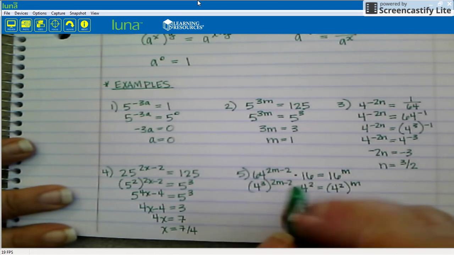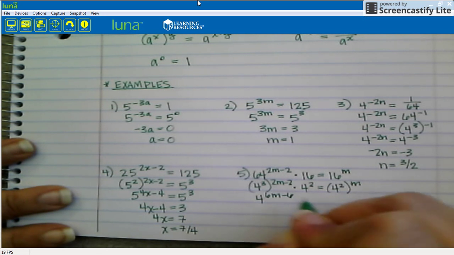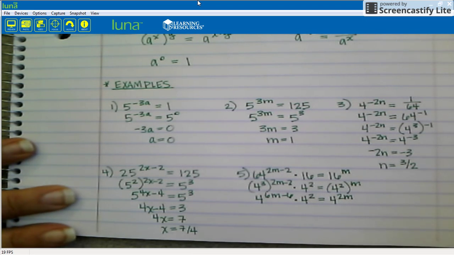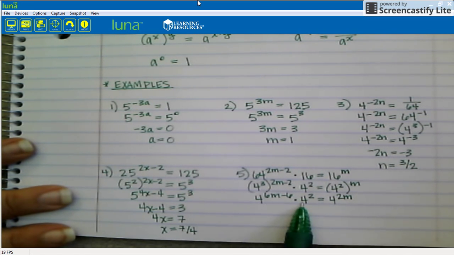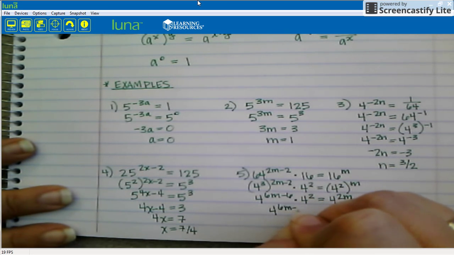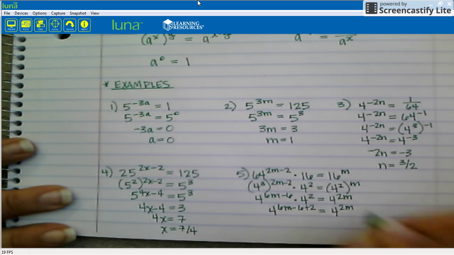So I raise a power to a power, so I have 4 to the 6n minus 6 times 4 squared is equal to 4 to the 2m. And when I multiply two powers, I add the exponents. So I have 4 to the 6n minus 6 plus 2 is equal to 4 to the 2m.